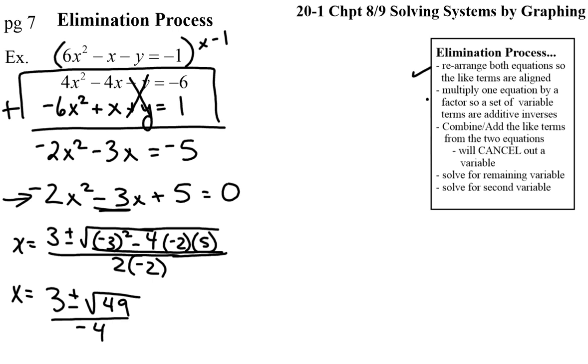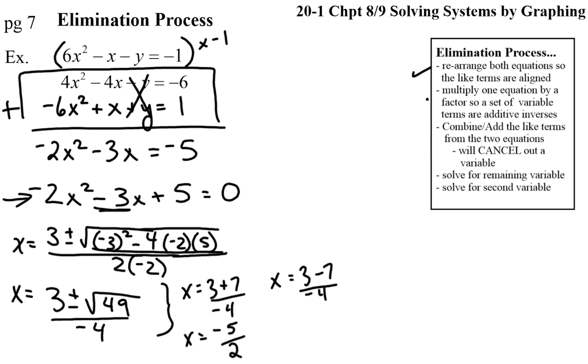So in that case, what do we have? We have x is 3 plus 7 divided by negative 4, which would be 10 over negative 4, which simplifies to negative 5 halves. The other possibility is x is 3 minus 7 over negative 4. Negative 4 over negative 4 is a 1. And then finish off, solve for y.